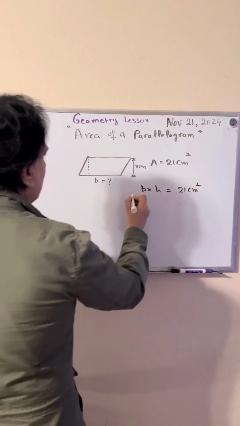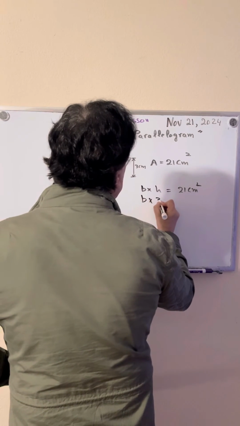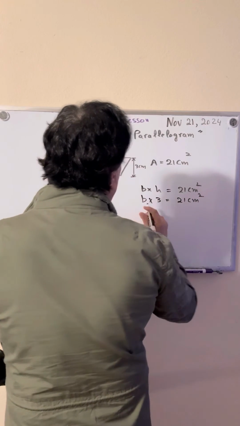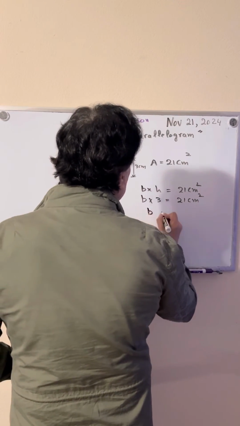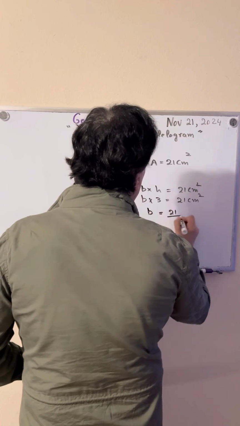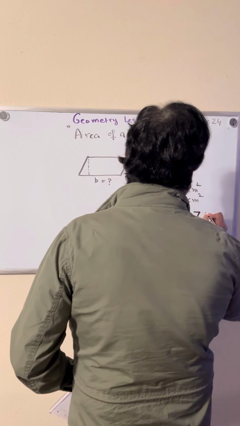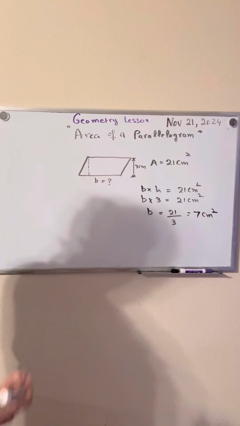Height is given as 3, so base times 3 is equal to 21. I do some algebra and divide both sides by 3. So the base is equal to 21 over 3, which comes out to be 7 centimeter. How's that? Easy peasy.